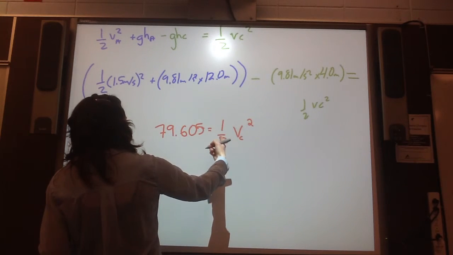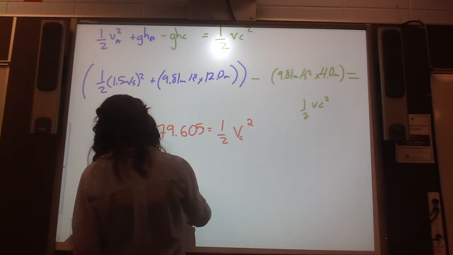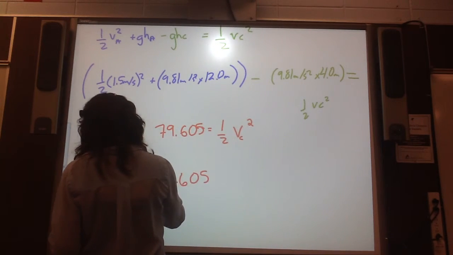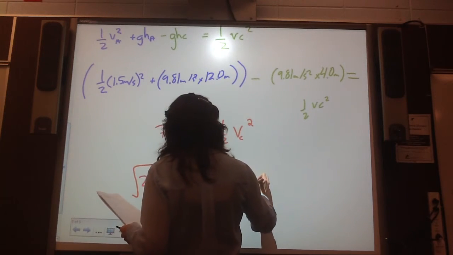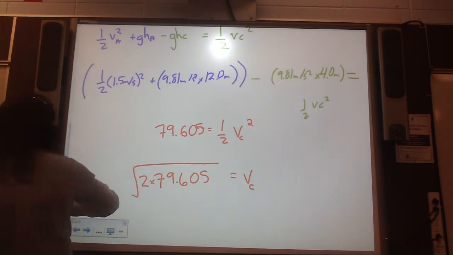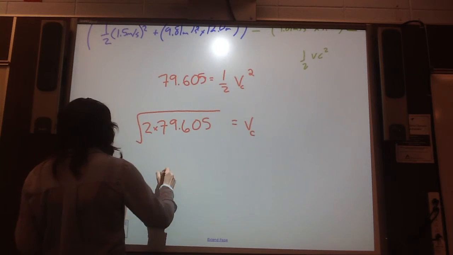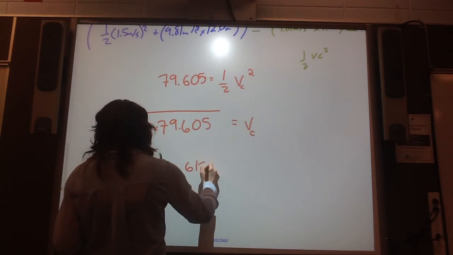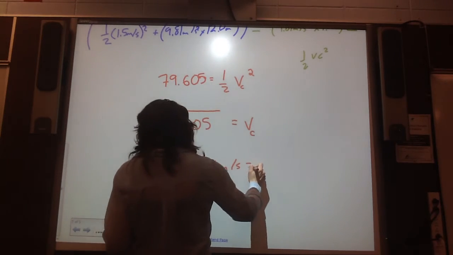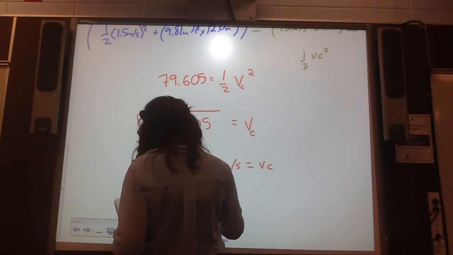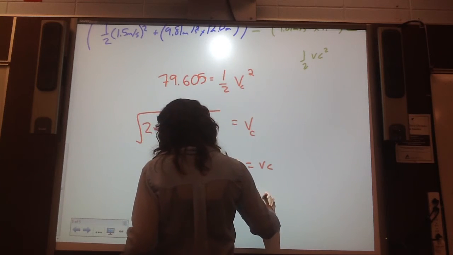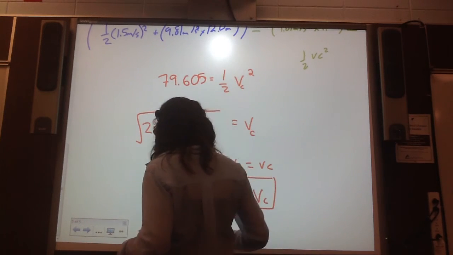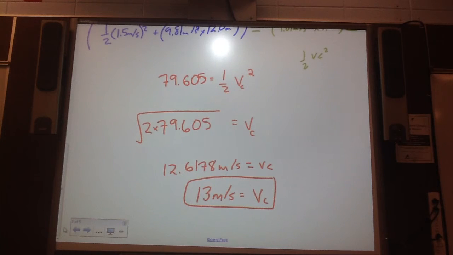It's times by half, so we will multiply this side by 2, and we'll square root to solve for V at C. So in your calculator, you should get 12.6178, which will then round to 13 meters per second.